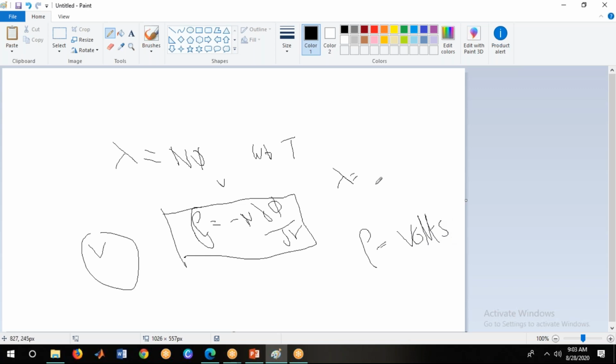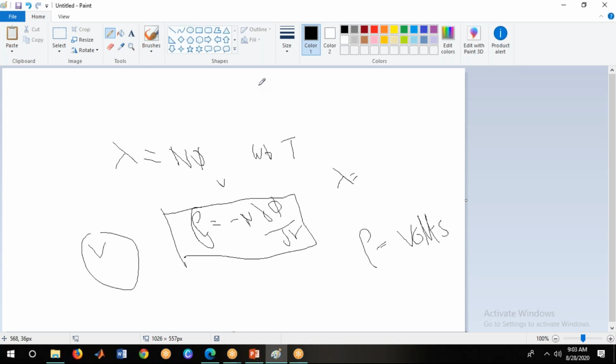And what is the relation between magnetic flux density and magnetic field intensity? Anybody?